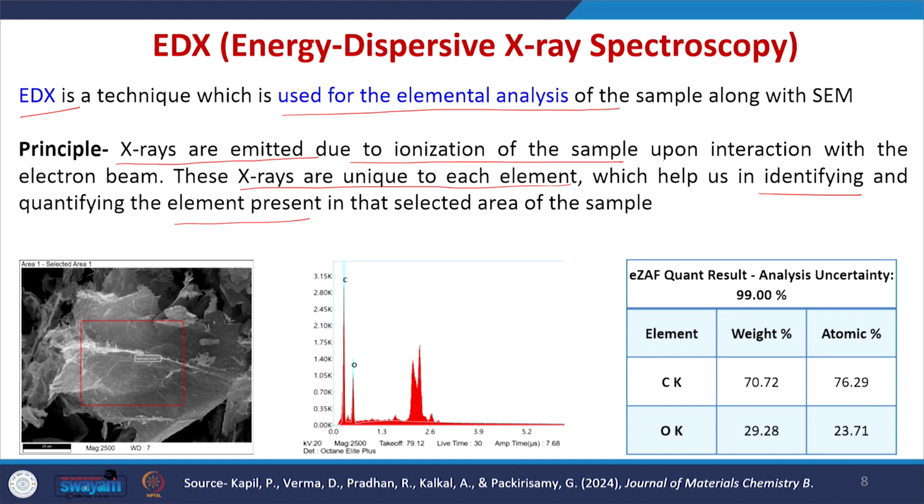For example, in this picture, if this area is selected, we can understand what the different elements present in this selected area are. In this case, we can see carbon, which is 70% by weight, and oxygen, which is around 29% by weight. By this technique, we can understand the elemental composition of the sample in the selected area.